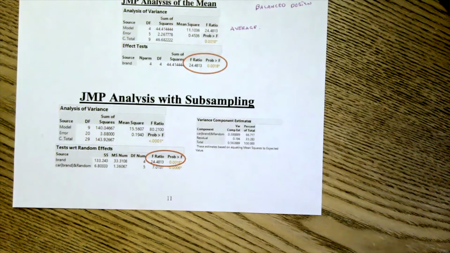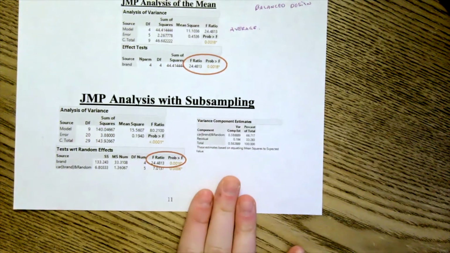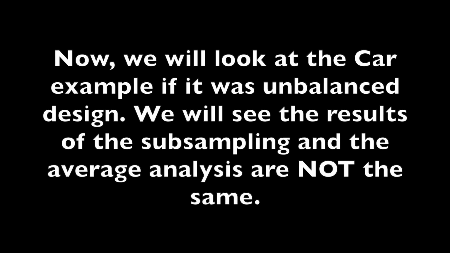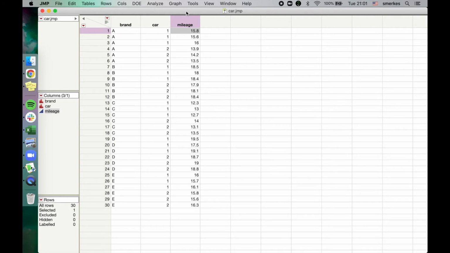What I want to do now is jump to discuss briefly what happens when we don't have a balanced design and how our results can differ. About what the results would look like if we had an unbalanced design and we did the analysis of the means and the analysis with the subsampling.